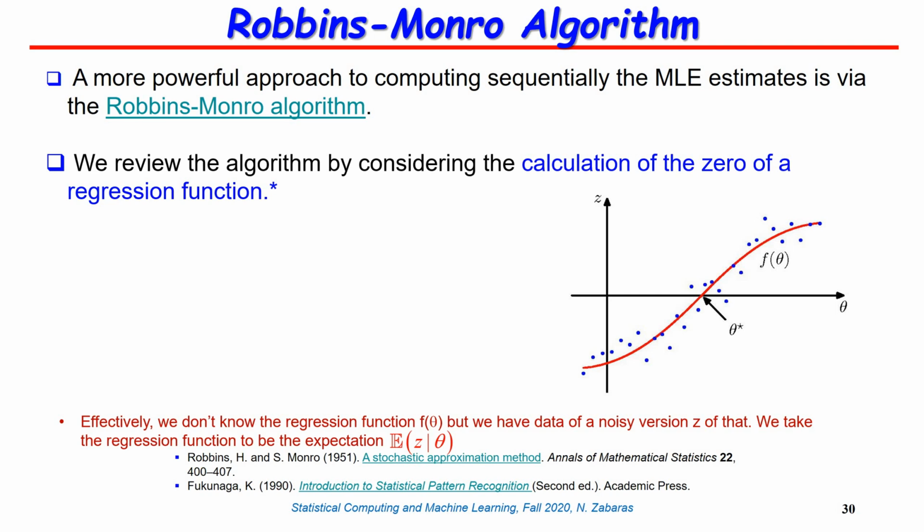And actually I can tell you, we're going to apply it for MLE estimation, but the negative log likelihood that you use as a loss function in MLE calculations is a convex function. That is not going to be the case for many applications of these stochastic approximation methods.